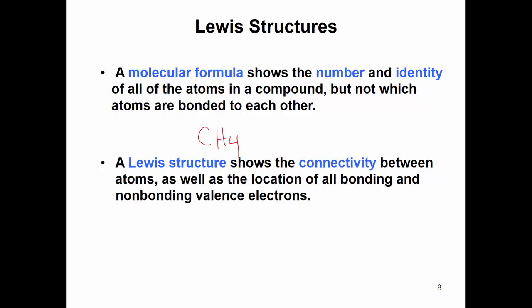However, it doesn't tell me how they're connected, and that's what a Lewis structure does. It shows us how the atoms are bonded and represents the bonding and non-bonding valence electrons. So the keyword here is valence electrons.